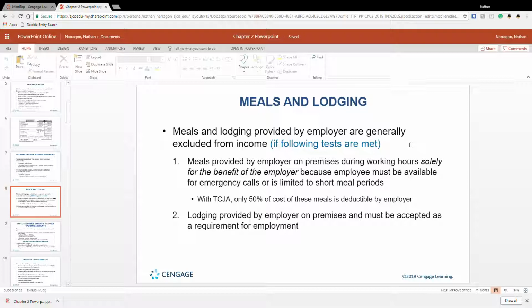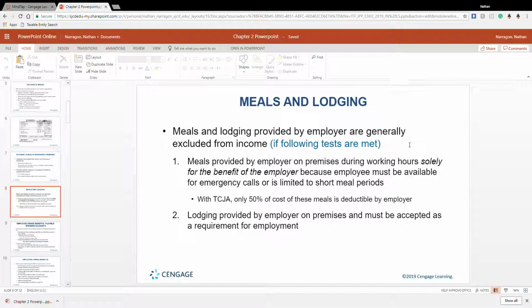Two: they are solely for the benefit of the employer. So those can basically be excluded or deducted if that's the case. If you're running your own business and you do this, it's a deduction for you. But the employee must be available for emergency calls or is limited to short meal periods. It's the only reason why they provide this benefit.